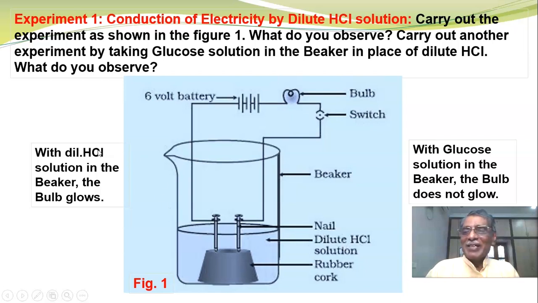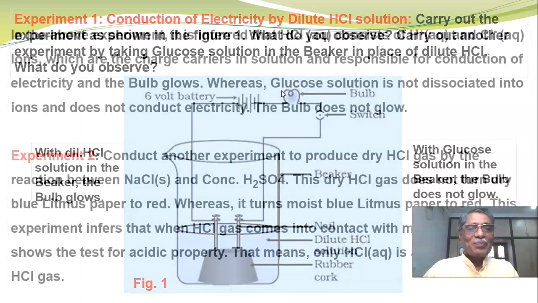With dilute HCl solution in the beaker, the bulb glows. With glucose solution in the beaker, the bulb does not glow.